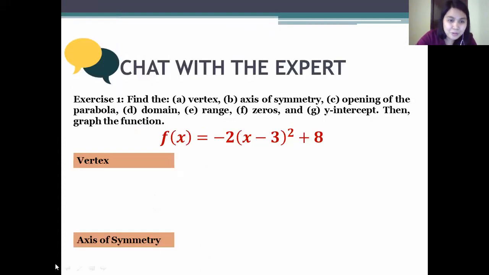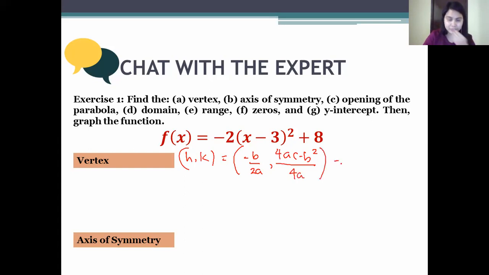Let's solve for the vertex. What's our formula again for the vertex? h, k, that is negative b over 2a, comma 4ac minus b squared over 4a. Okay. This is already in vertex form. Remember, in vertex form, it's a times x minus h squared plus k.